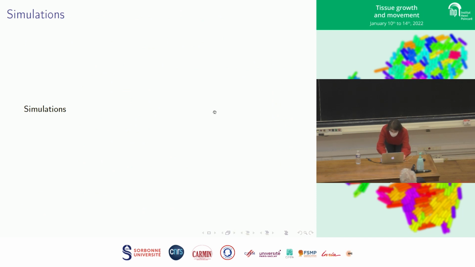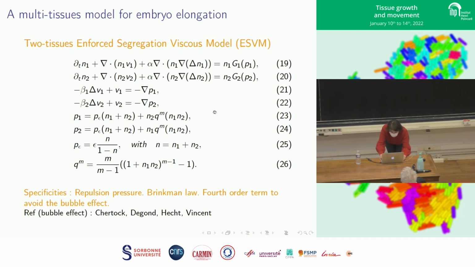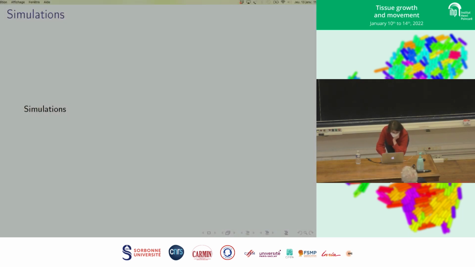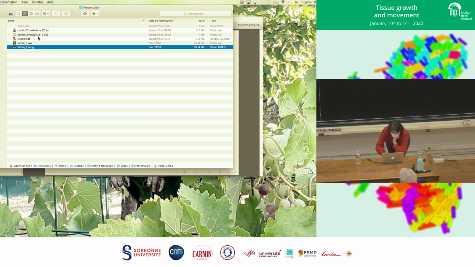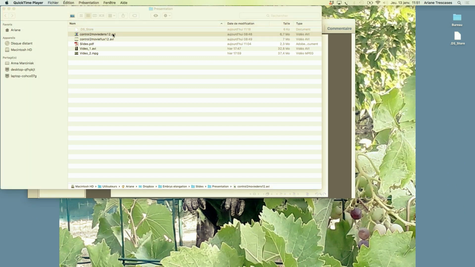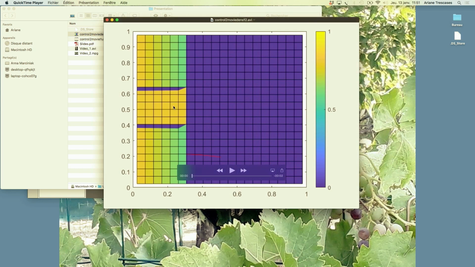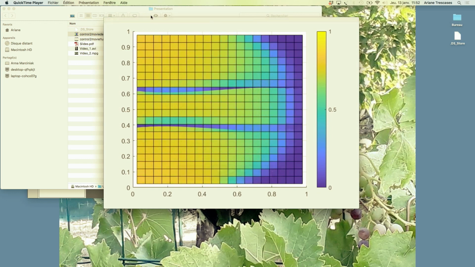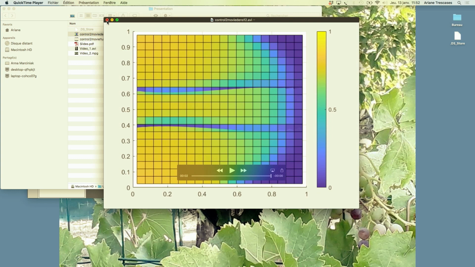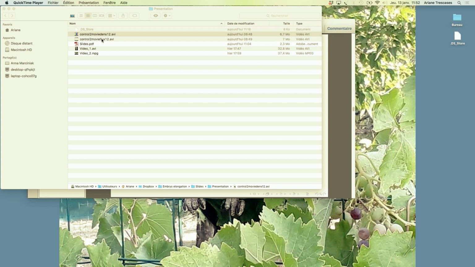Yeah, I think I can show you some simulations now for this system. Okay, so here, this simulation in MATLAB. In the middle, you have the neural tube. What you see, the colors are densities. Here you have PSM, and you see that it evolves in the direction of the axis, so everything goes well.